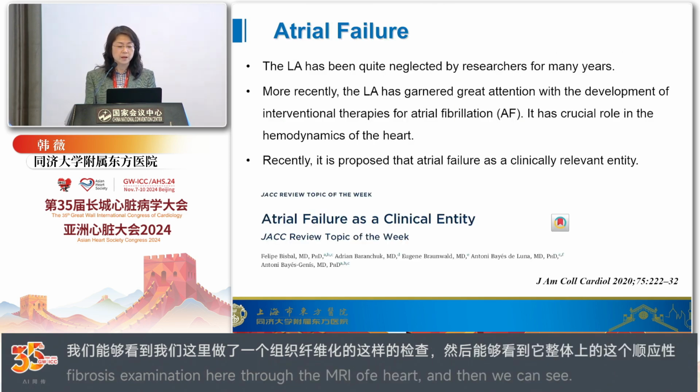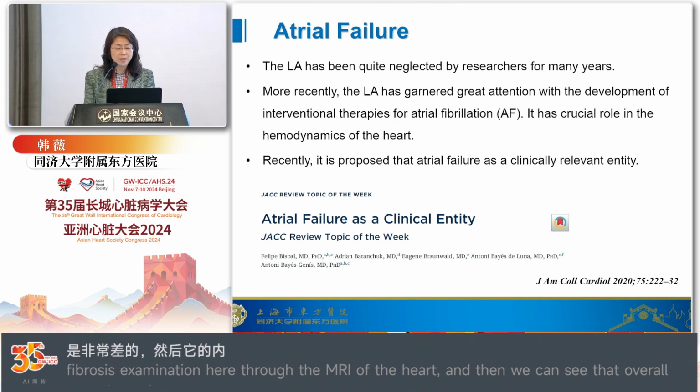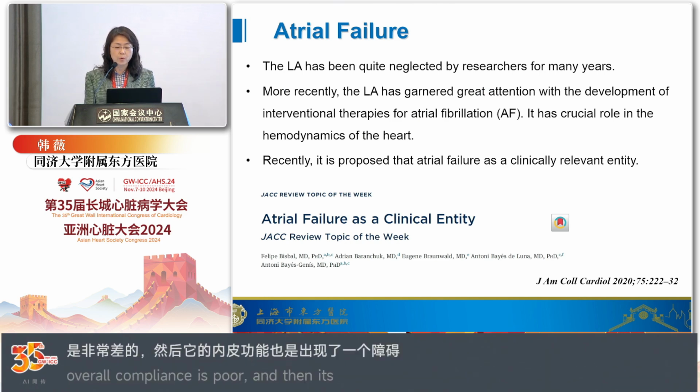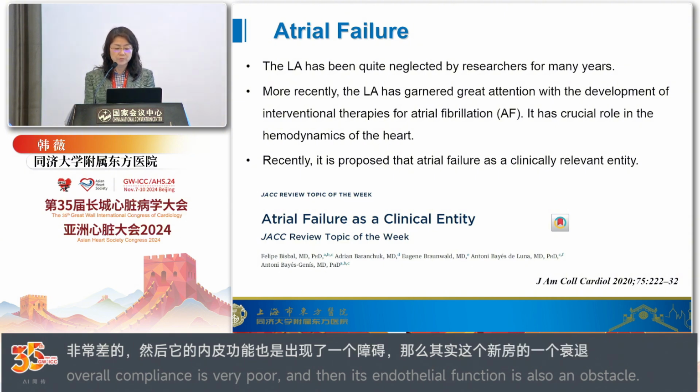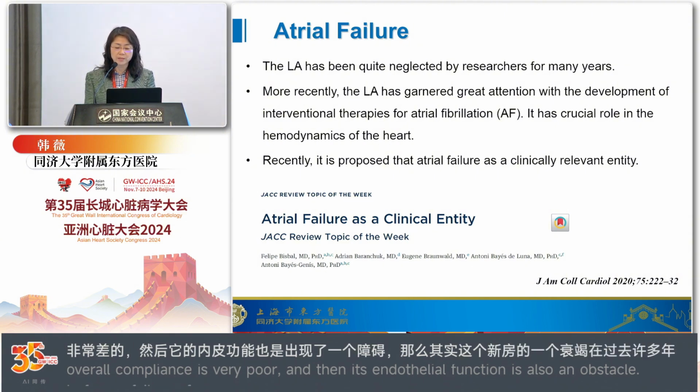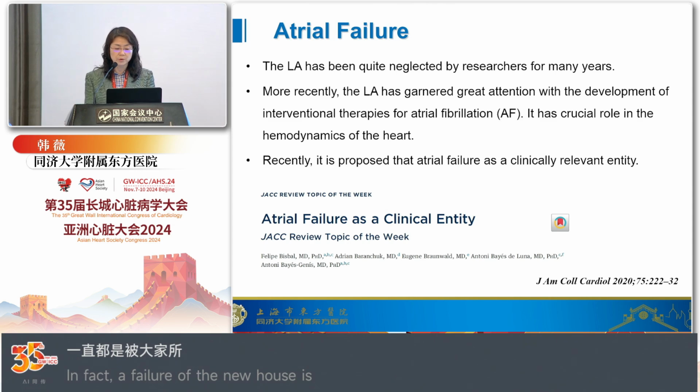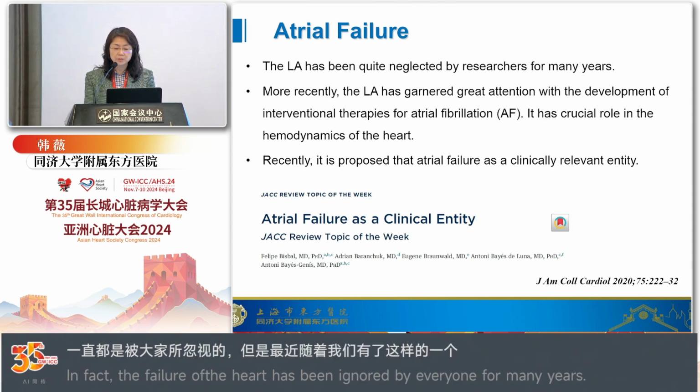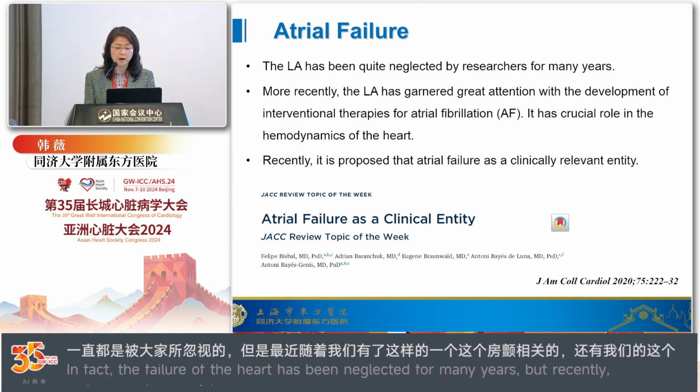For many years, the atrium has been quite neglected by researchers. More recently, the left atrium has gained great attention with the development of interventional therapy of atrial fibrillation. It has a crucial role in the hemodynamics of the heart.